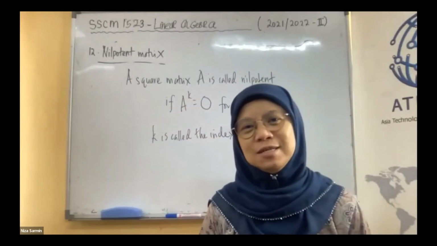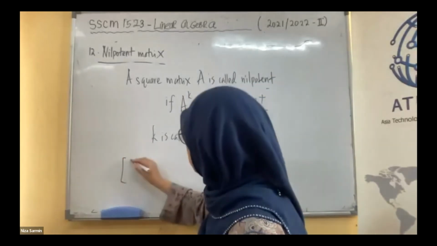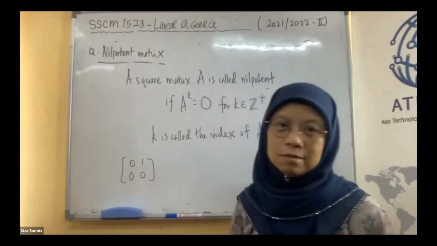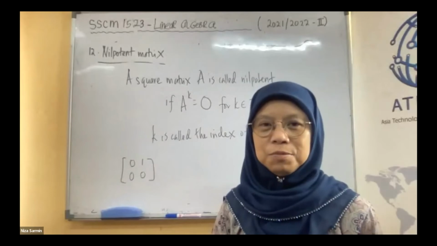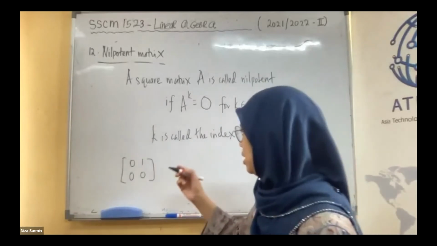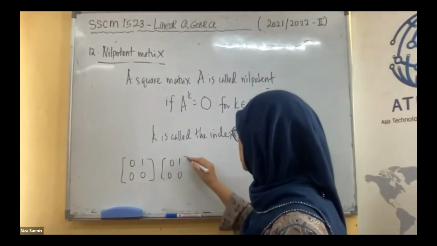So a zero matrix is nilpotent of index 1. If you see this matrix, you multiply and see how many times will it ever go to 0.